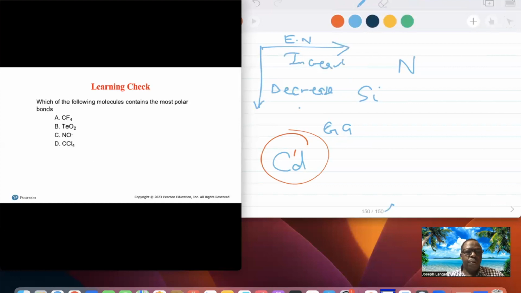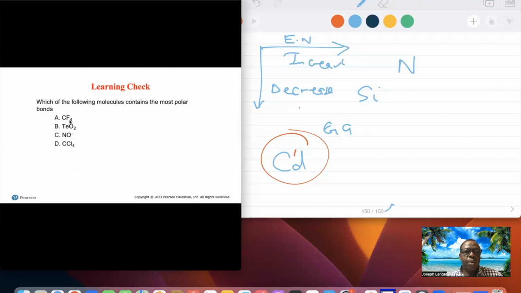Which of the following molecules is the most polar? The most polar means the one with the shared electrons being pulled towards one atom in the molecules given here.